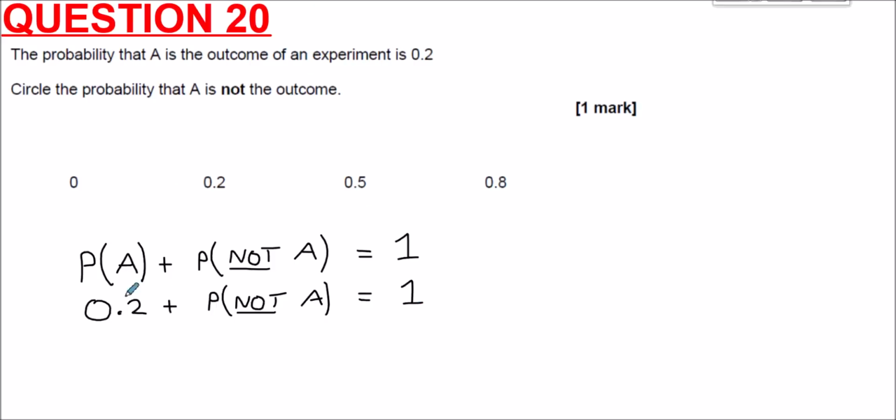And so we can work this out by just subtracting 0.2 from both sides. In this case, I always think of it in terms of swapping side and swapping sign, but your teacher may explain it differently, and no doubt equally as valid. So the probability of not A will be 1 minus 0.2, which will be 0.8. So that's the one we need to be circling.